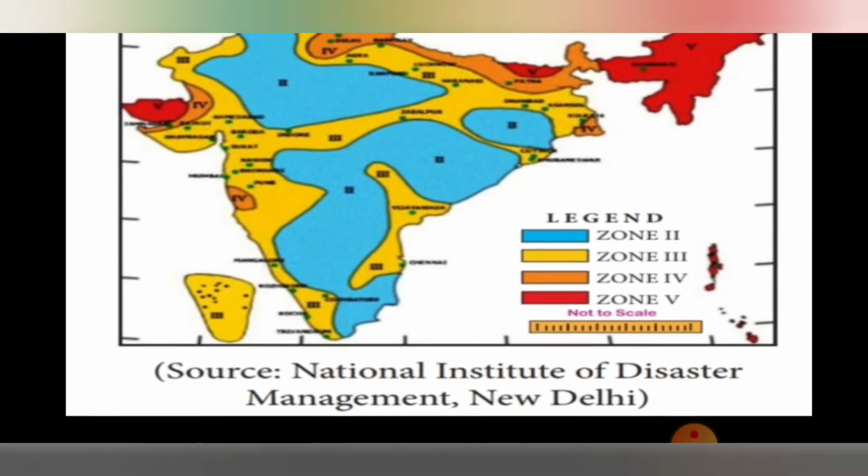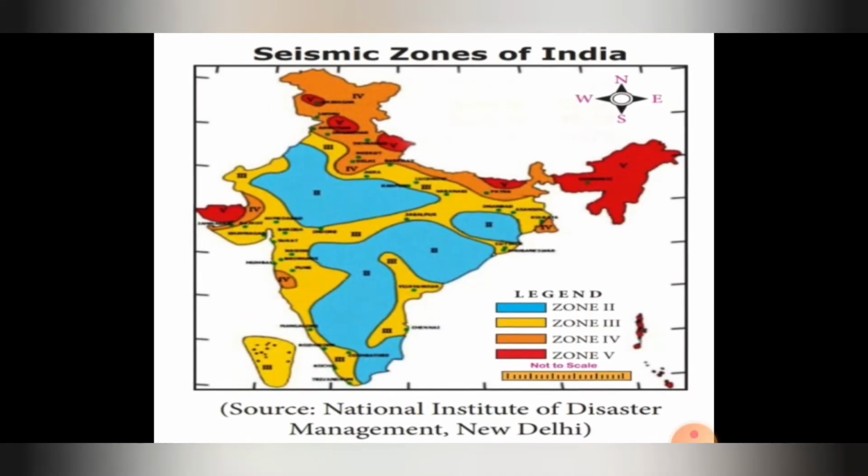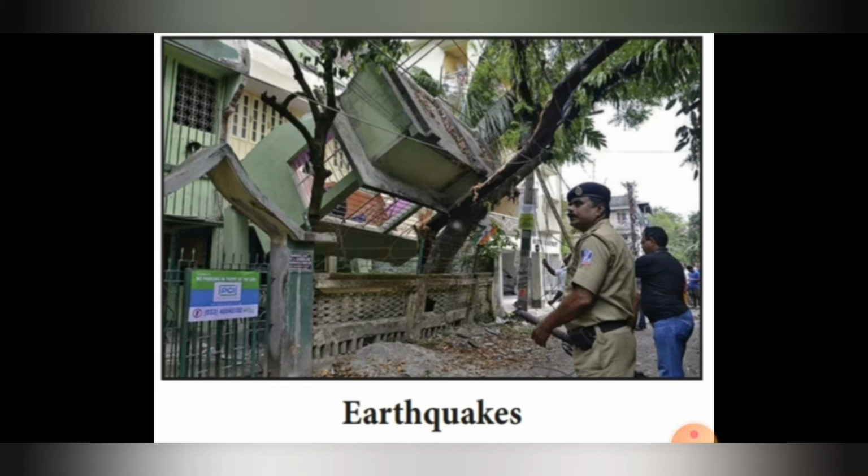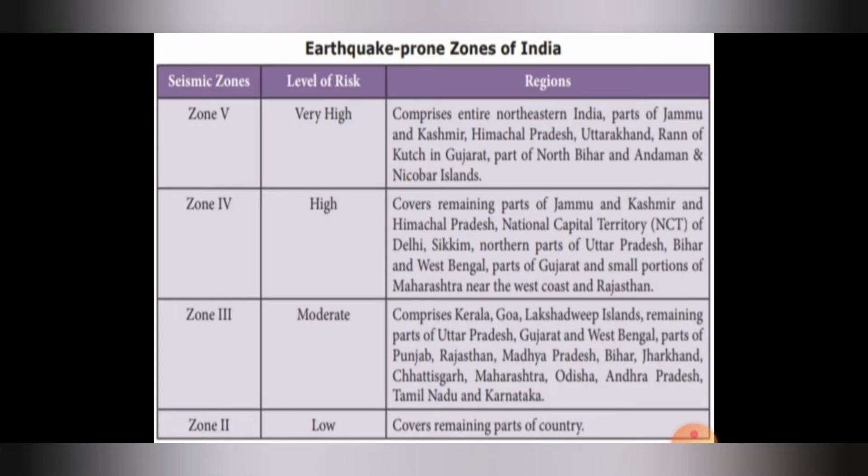So these are the earthquake prone areas of our India. Now we could see this is the picture of an earthquake that happened. They have given earthquake prone zones of India on the same page.